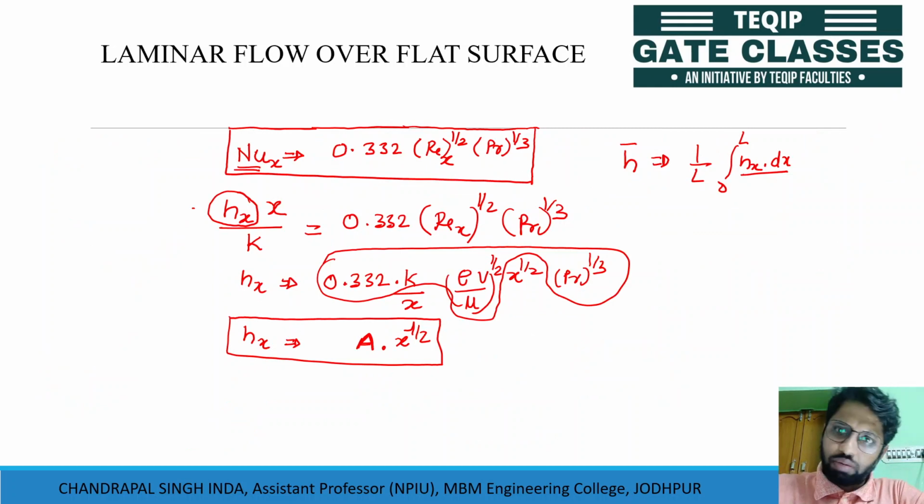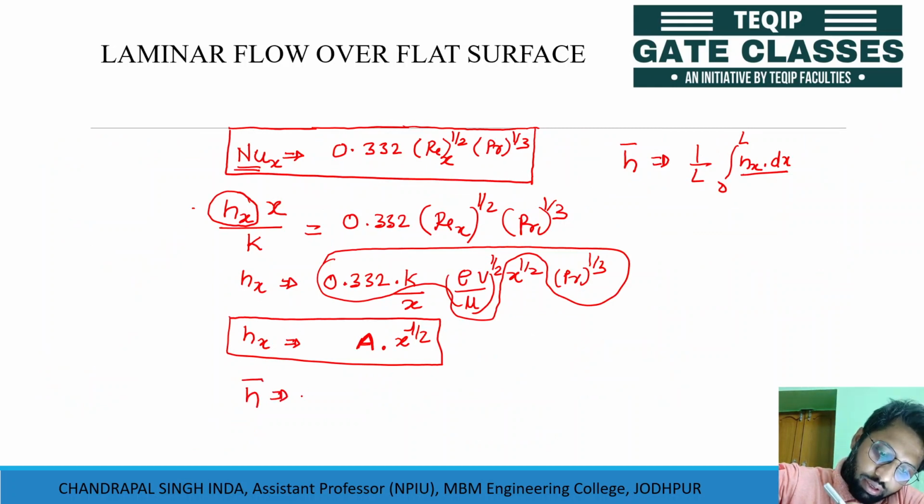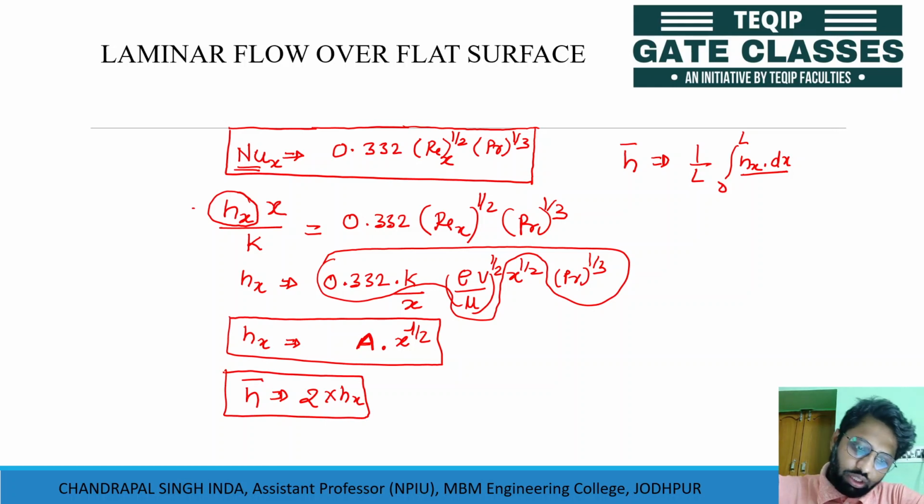So here we will have the same result, which means h bar will be 2 times hx. This is also for laminar flow. So we can say for laminar flow, the average value of the convective heat transfer coefficient is 2 times the value of the local convective heat transfer coefficient.